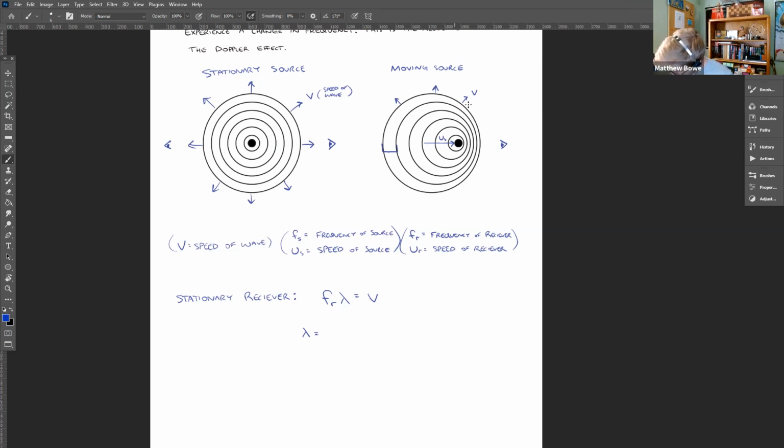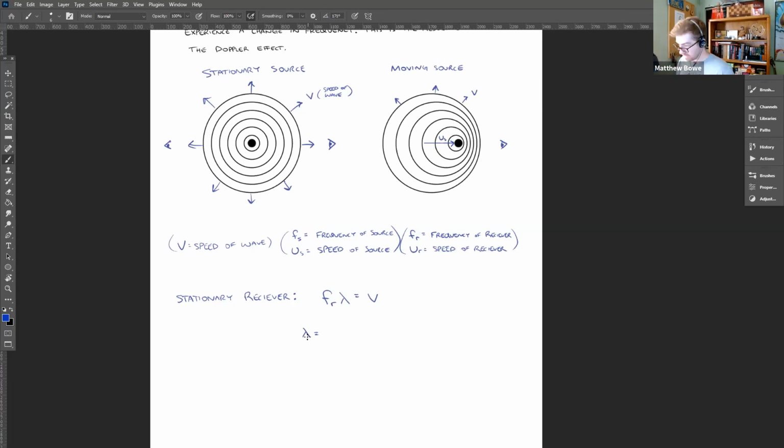And by the same logic, over here on the right, there's a much smaller wavelength. So the wavelength changes depending on the direction and the speed of the source, the speed of the source right here.